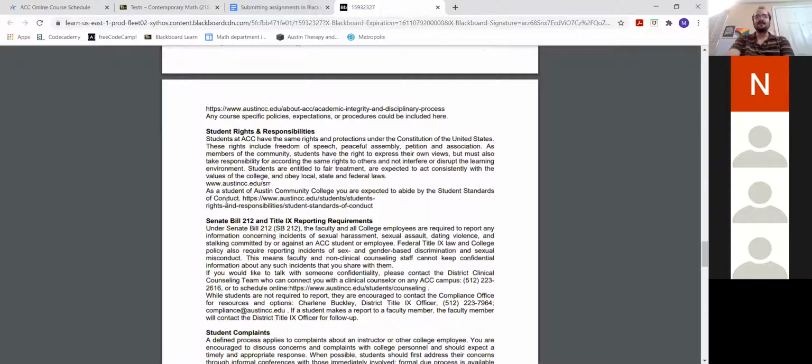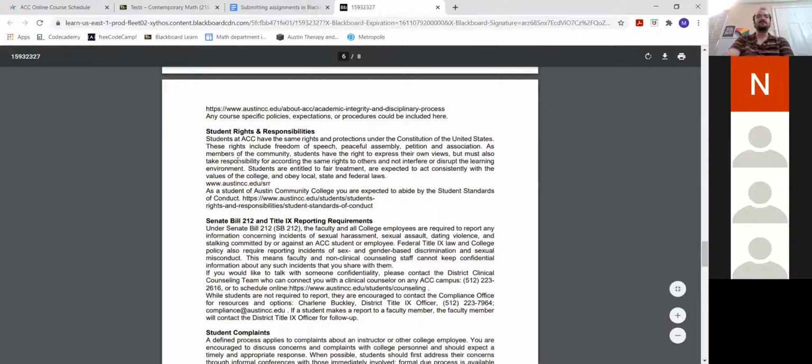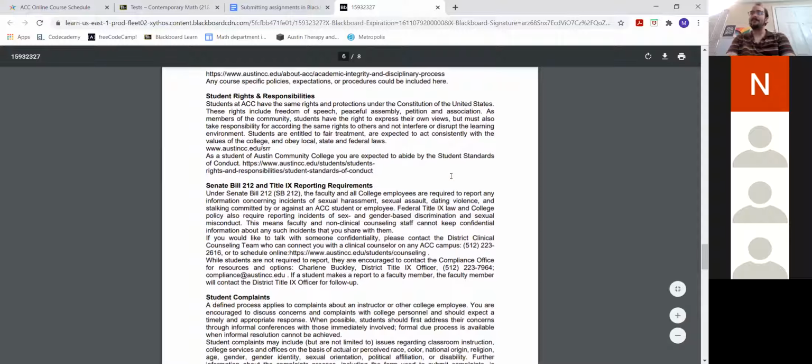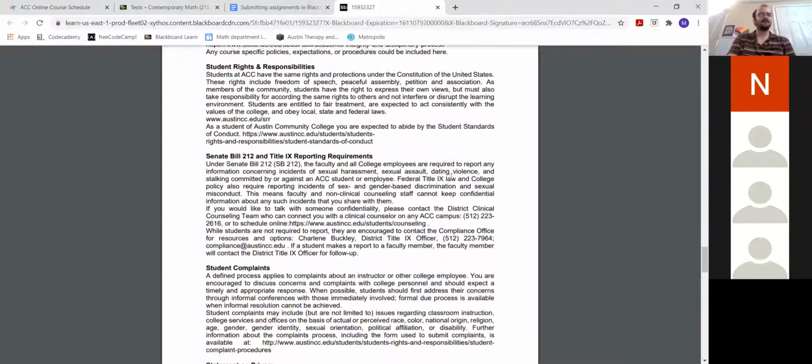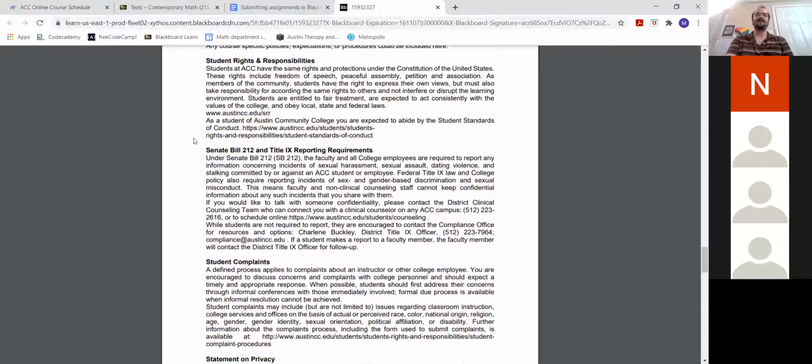As members of the community, students have rights to express their own views and take responsibility for the same rights. It probably also says something about respecting other people in here. For the most part, I really don't have a whole lot of problems with people respecting each other. Occasionally stuff happens, and this is that sort of thing I'm talking about. You got to cover your butt.